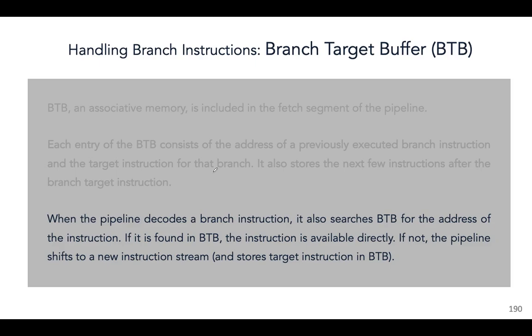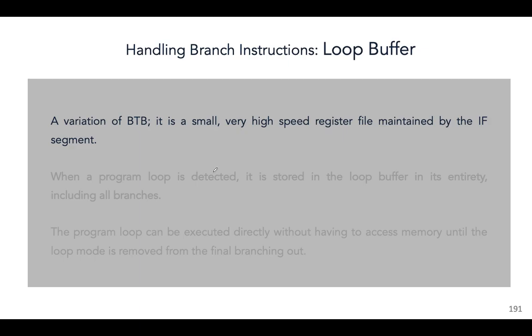More often than not, the same program makes a branch to the same subpart of the program. So if that happens, then this subcode can be executed repeatedly using the BTB. Otherwise, whatever the new instruction location is, that is fetched. Then there's a loop buffer.